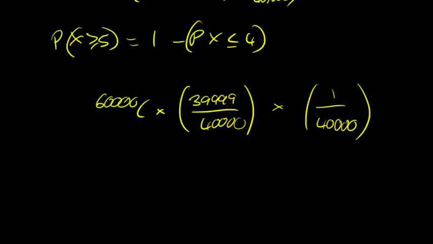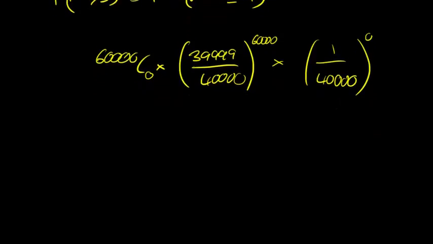So in our first example we're having 60,000 C0, which means no one's got the disease, and so this will be to the 60,000, and this will be to the 0. So effectively I've got 39,999 over 40,000 to the power of 60,000.